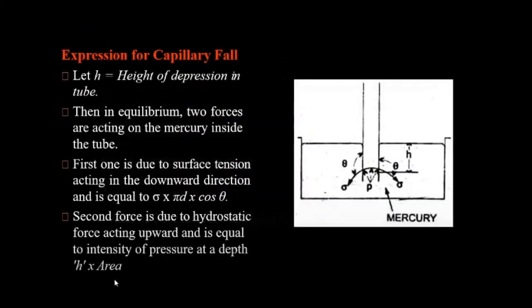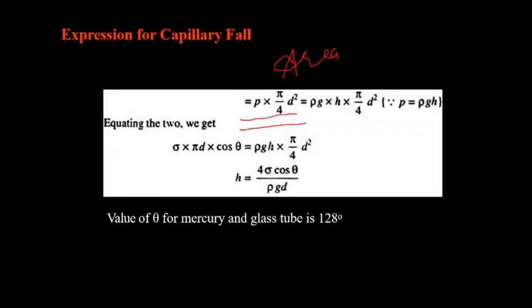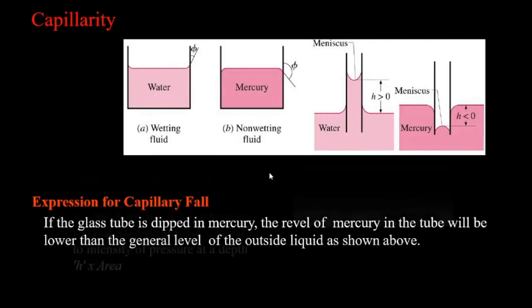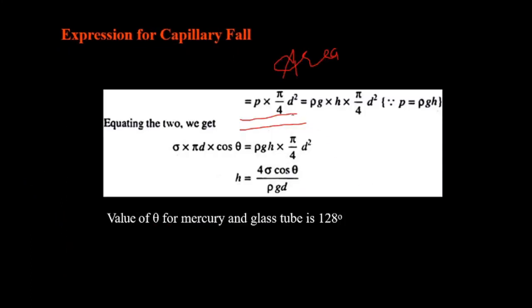Here p is taken according to the figure. So what is p? p is nothing but rho g h, the pressure of a liquid. So rho g h into pi by 4 into d square.